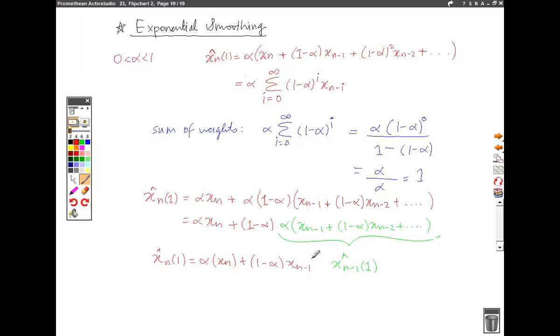So remember, if I'm writing x_{n-1} hat, one step ahead, it is just representing the forecasted value of x_n for me.